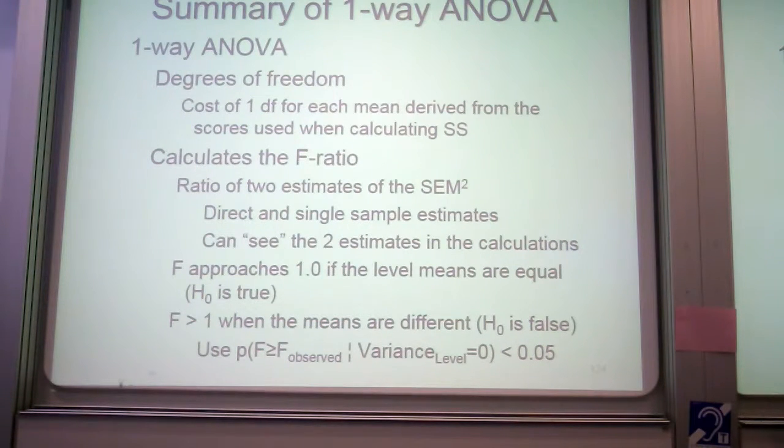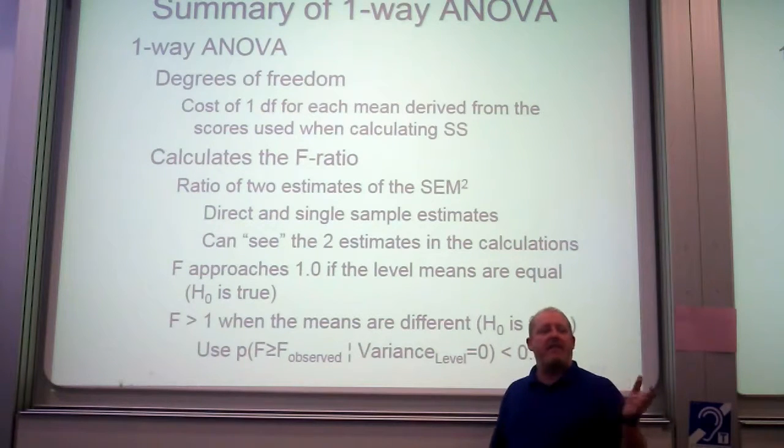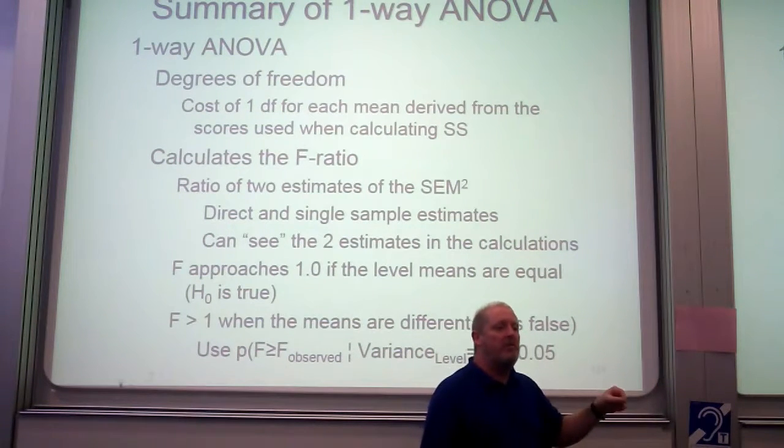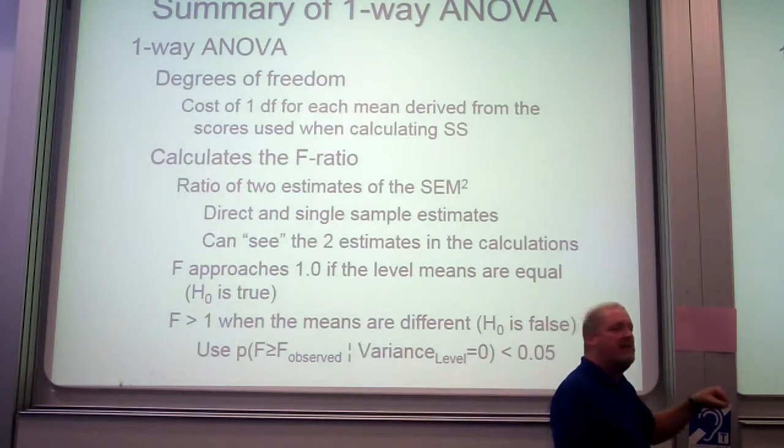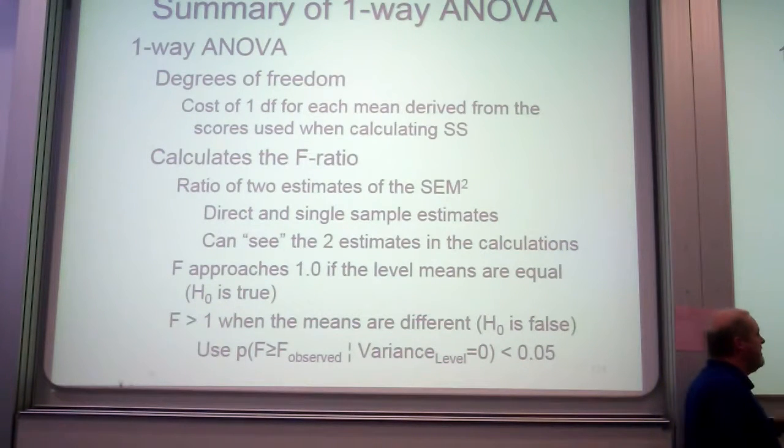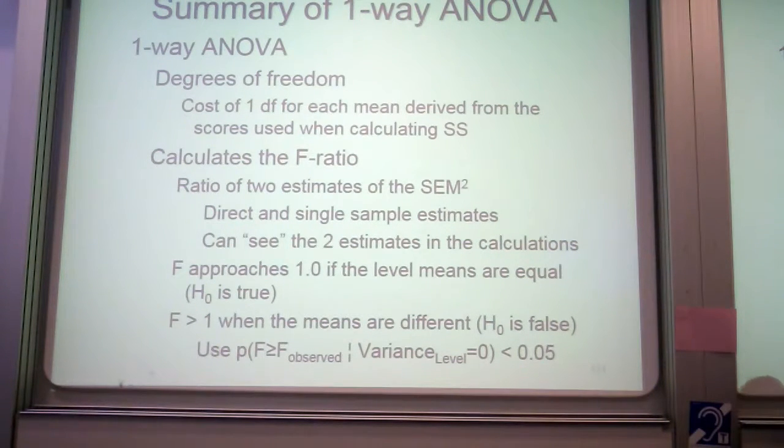So what we are checking is the probability of getting any F value greater than the observed value, our statistic, given that the variance in the levels is 0. That's the formal thing that an F ratio is testing. The variance of the levels is only 0 when all of them are the same. We're actually looking at the variance of the different levels of our factor.